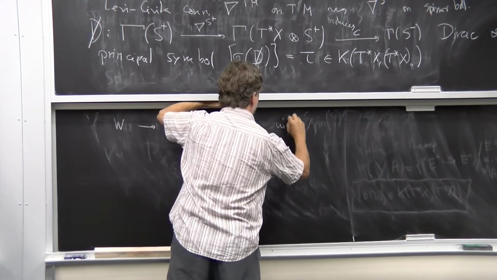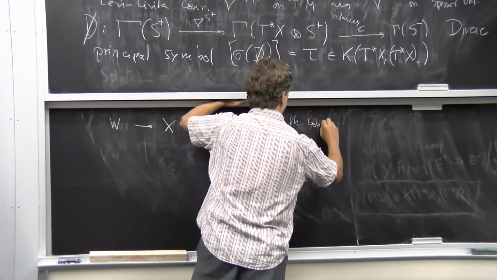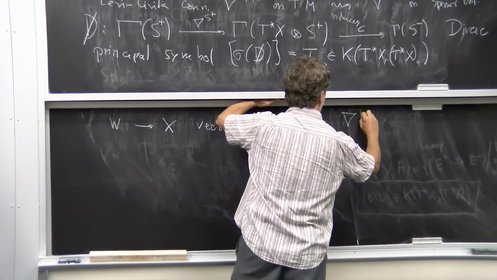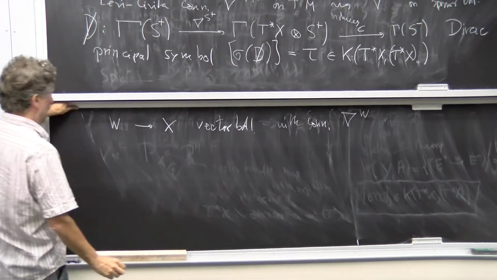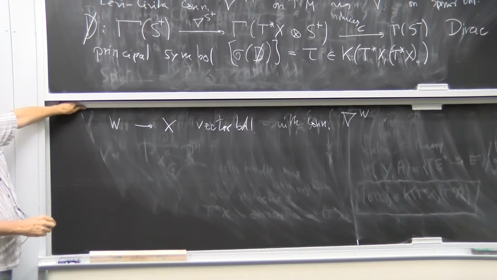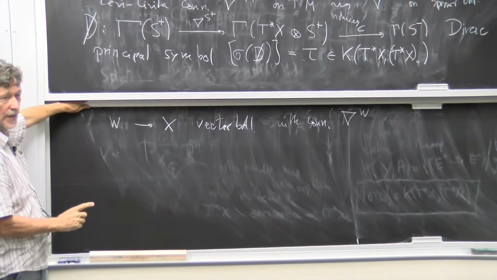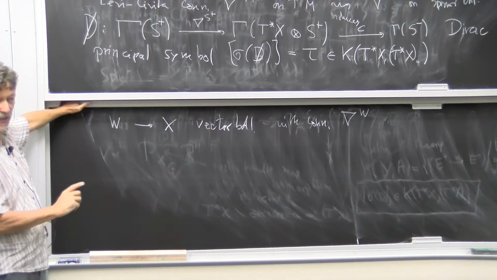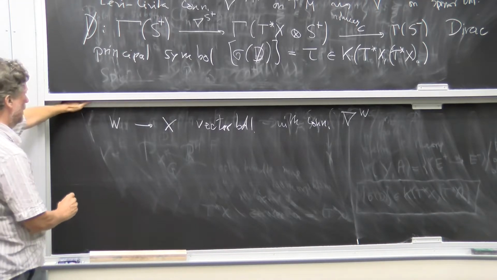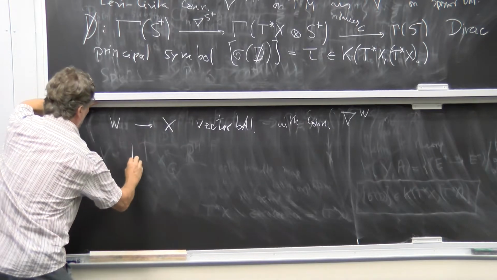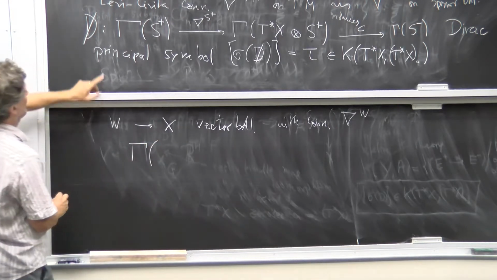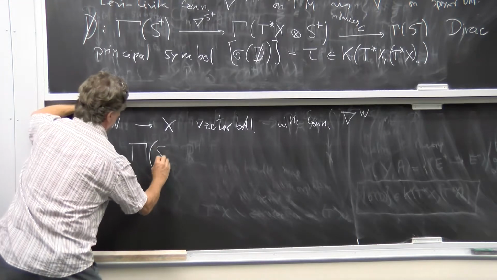So with a connection, nabla W. And the operator that I'll write down will depend on that connection, but the principal symbol as a K-theory element will not. So then you can do the following. You basically repeat the previous construction, but with a slightly bigger bundle.